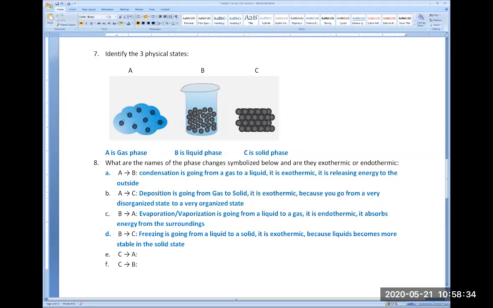Whenever matter becomes more stable, it's lower in energy. So the substance releases energy to the outside because it doesn't need it anymore in the solid state. So exothermic, it releases energy to the outside.